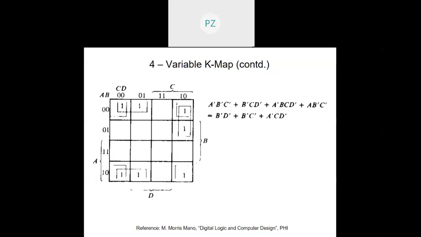So I think I'll stop here, because a new concept has been introduced today, and this new concept needs a lot of practice. So try getting functions of your own and practice minimization using K-maps for two variables, three variables, four variables.